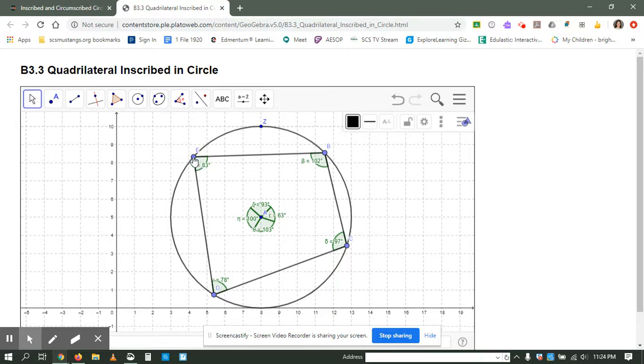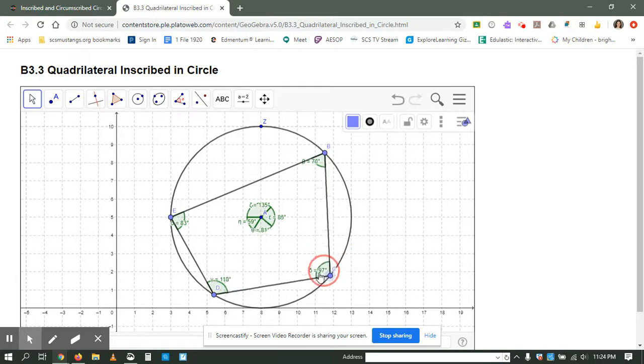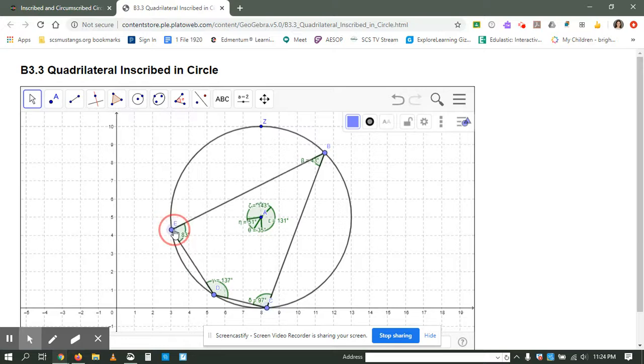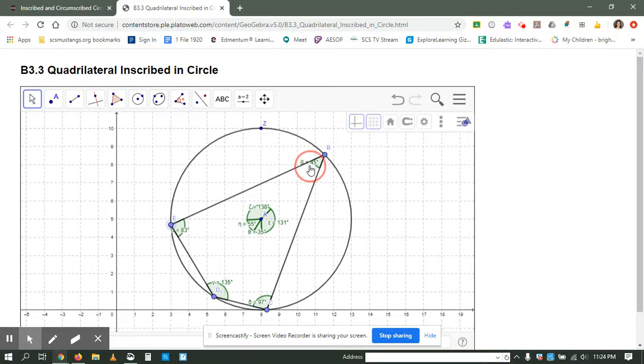So I'm going to go back here and play with my points till I can get that to read 45. You can see if we hadn't changed these to whole numbers and they were decimals, this would not be fun. So I've got that is 45. So my angle B is 45.